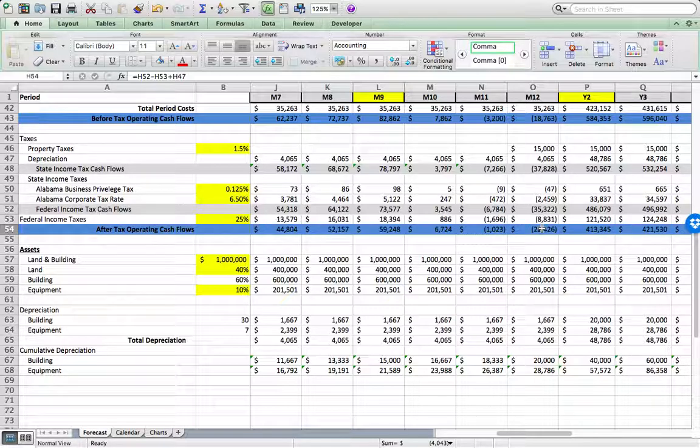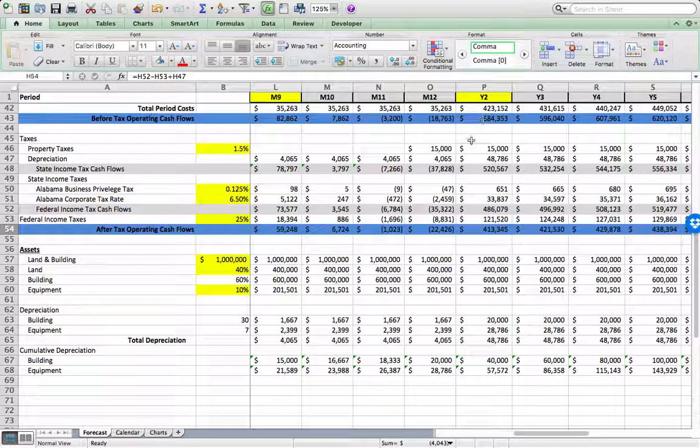Month 12 goes negative. Part of the reason month 12 is going negative is that's when we're recognizing the property tax. So that kind of hurts you a little bit in that you've got to pay that in a month that's not actually a busy month. In reality, you may pay those property taxes in a better month for you, but we're just doing this for simplicity's sake.